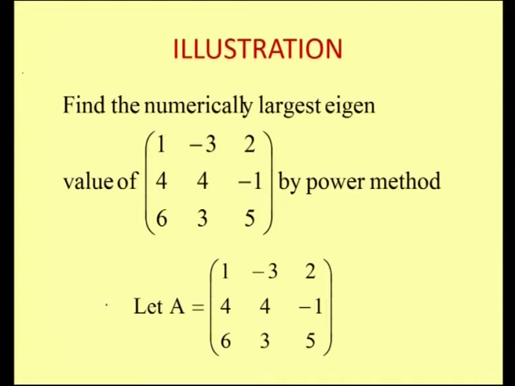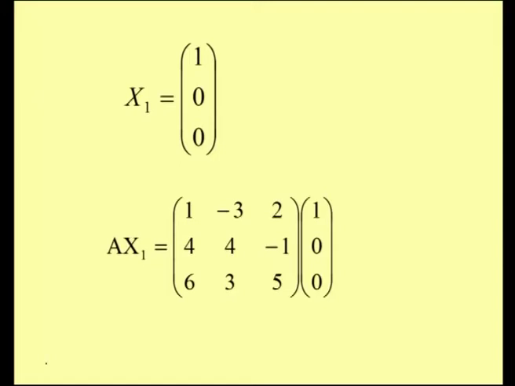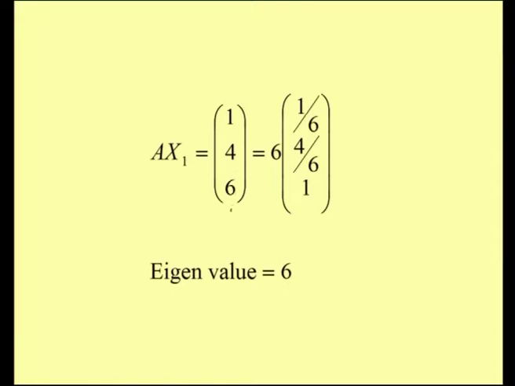Find the numerically largest eigenvalue of the matrix 1, minus 3, 2; 4, 4, minus 1; 6, 3, 5 by the power method. Take the given matrix as A and an arbitrary vector x1 as 1 0 0, and find A x1. Multiplying, we obtain 1 4 6.